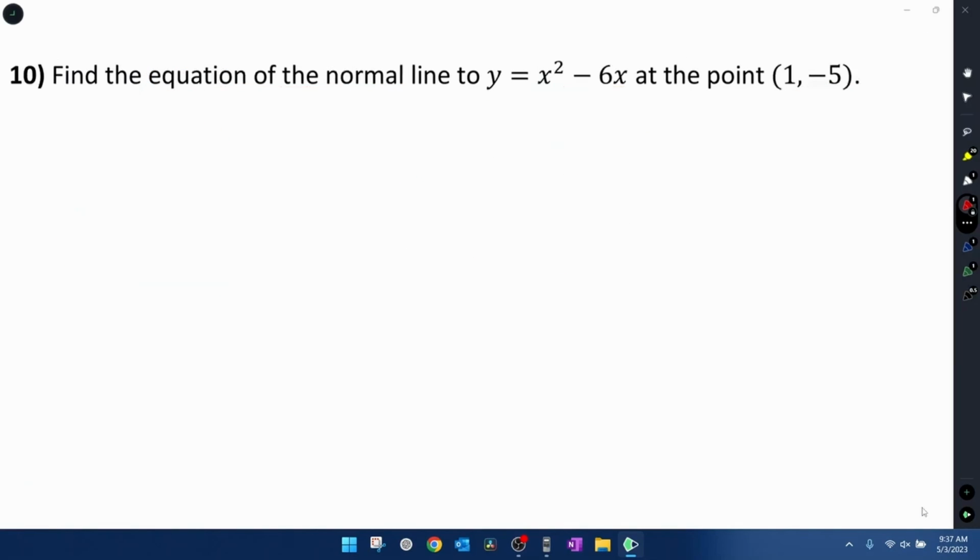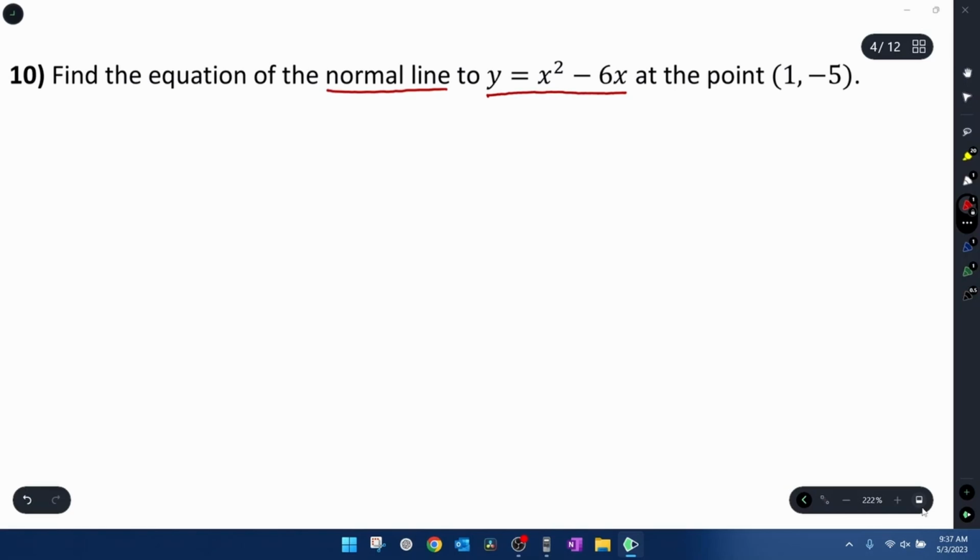Next, number 10, find the equation, this time of the normal line to y equals x squared minus 6x at the point 1, negative 5. This is going to work exactly like number 9, except when we find the slope of the tangent, we will then need to convert it to the slope of the normal. All right, first, slope of the tangent means that we're going to have to find the derivative.